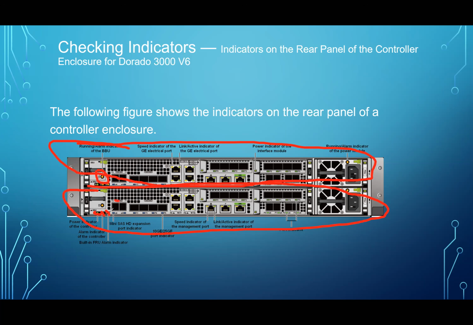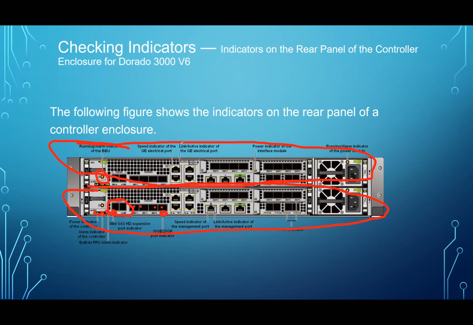These are the SAS HD expansion ports. You have here the port indicator for it. Then we have the 10GE or 25G port indicator that we find here. These are the 4 ports on each controller.